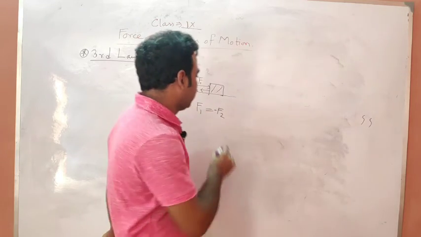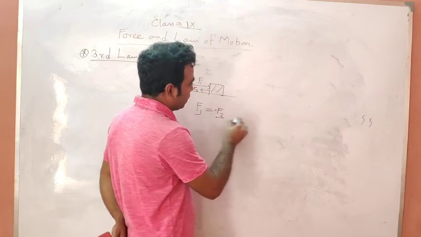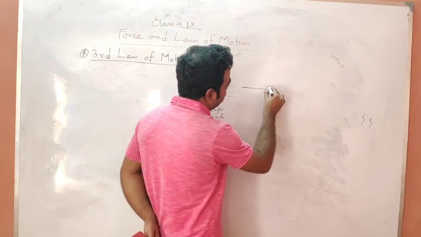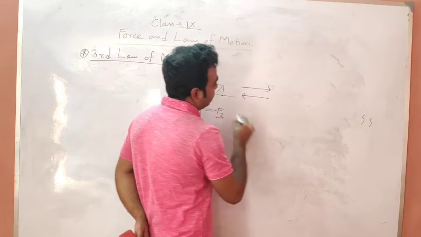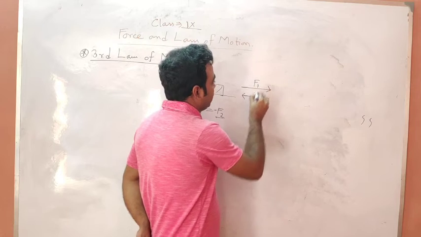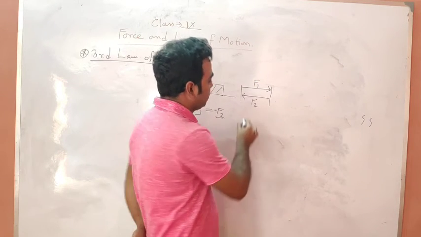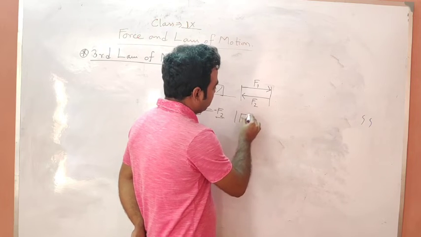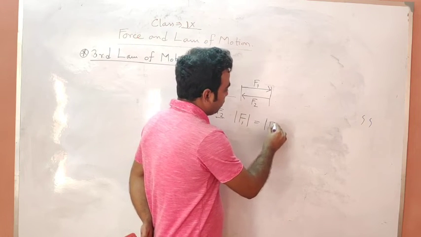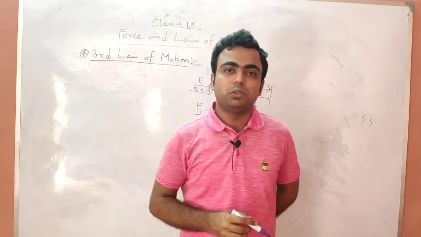The directions of F1 and F2 will be opposite to each other. If F1 is from left to right, F2 will be from right to left. That means mod of F1 equals mod of F2. The values are the same, but the directions are opposite.